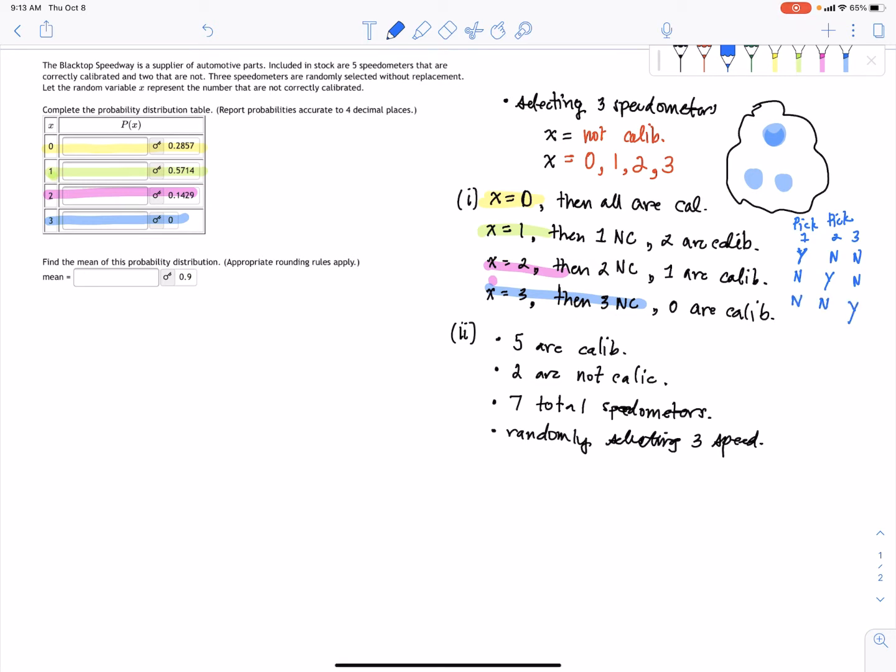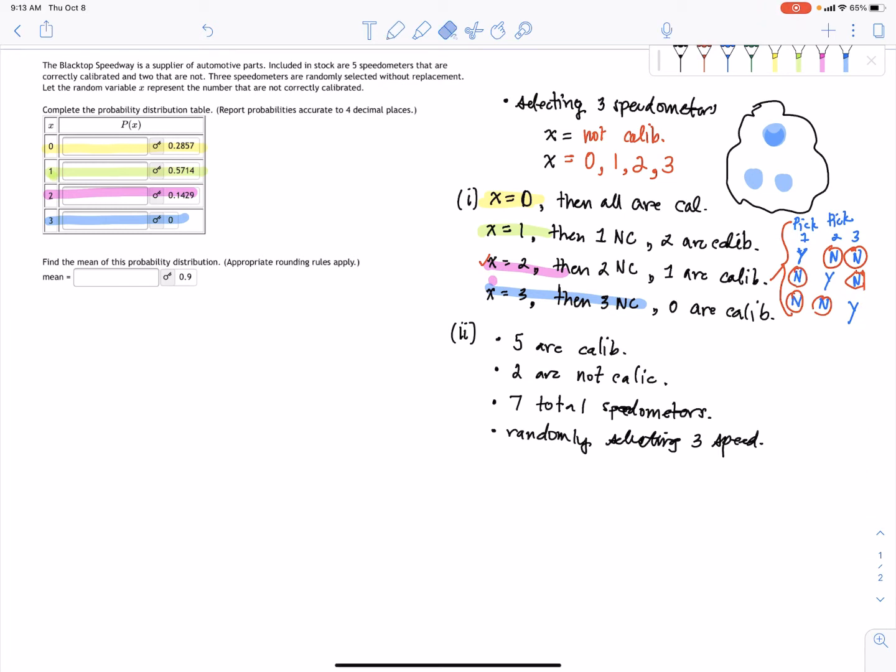So if I have two not calibrated, this would be x equals 2, right? If x equals 2, that means that two of them are not calibrated, right? But notice that there are different ways that you can select these, right?